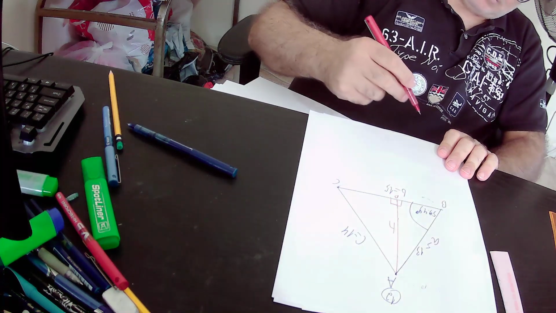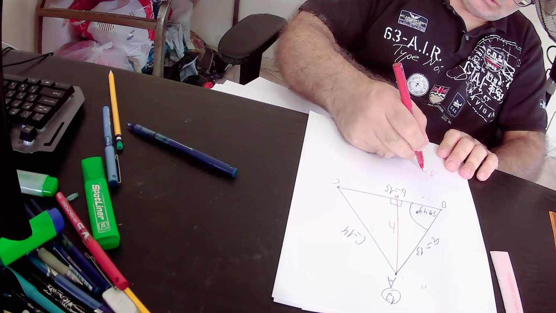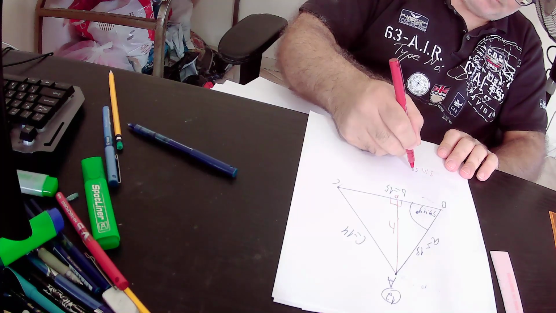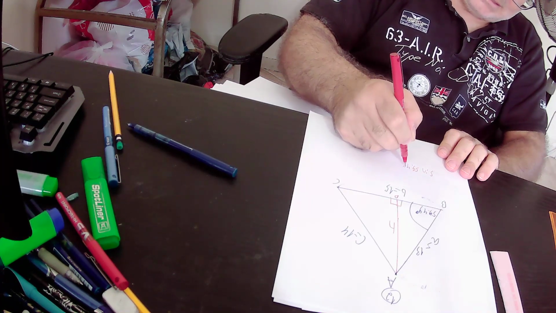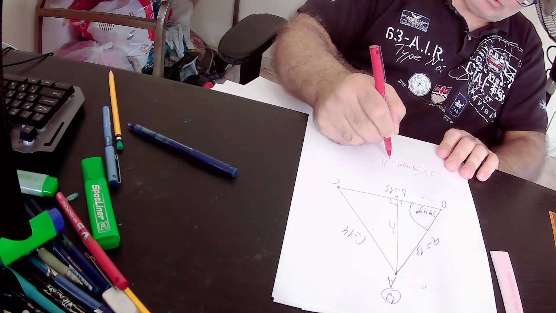Therefore, we can say that sine of 59.49 degrees equals h over a.